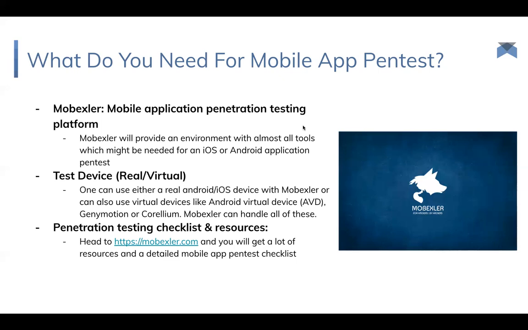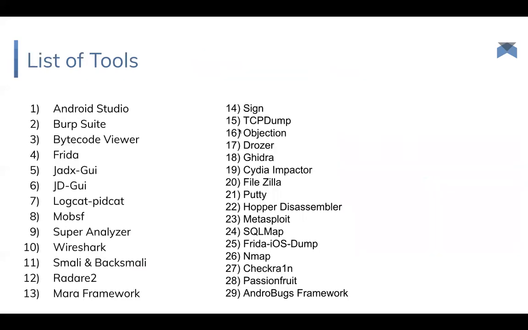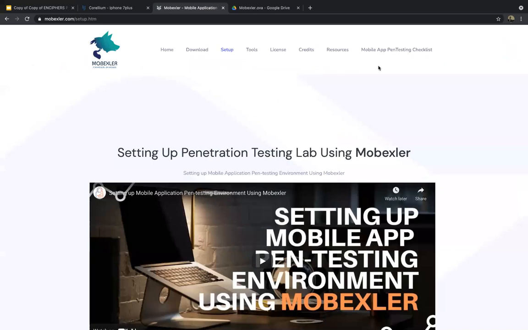Now, another thing about mobile application pen testing is that you will require a checklist and resources from where you can learn and do some research. Cypher's team has provided a resources section on their Mobexler website.